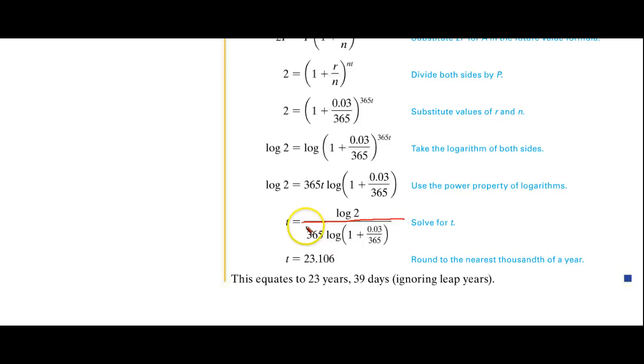Just put parentheses around this whole thing. Log of this, and you get, rounding it off, about 23 years. And of course we're ignoring leap years. 39 days, they figured that out as a proportion of a 365-day year.